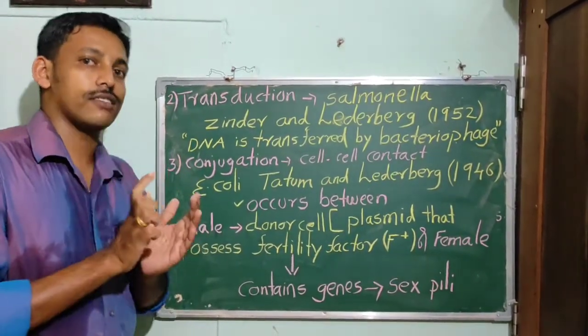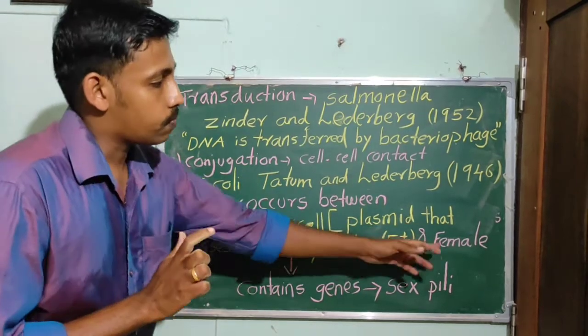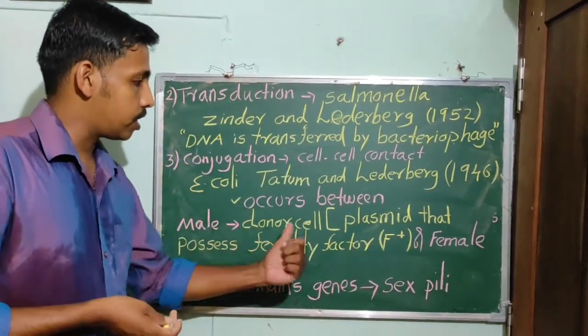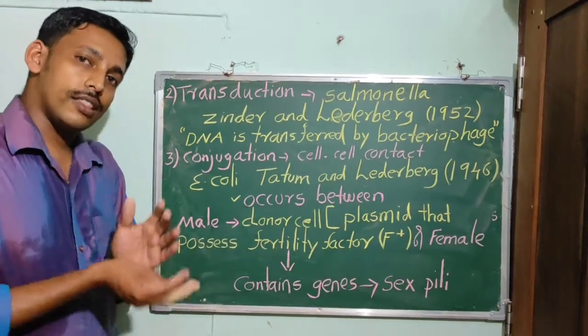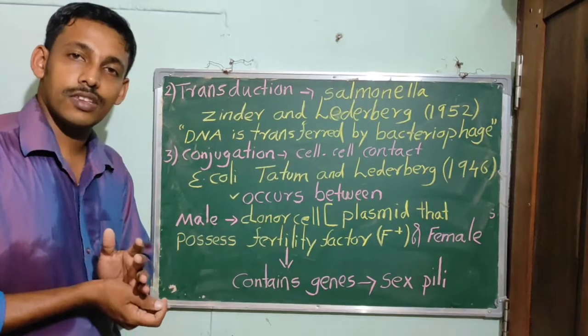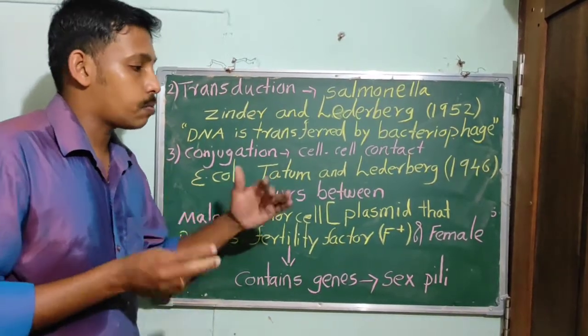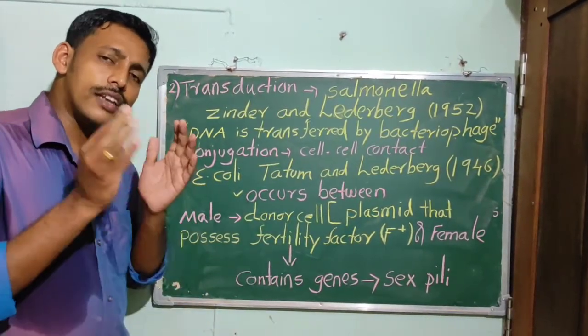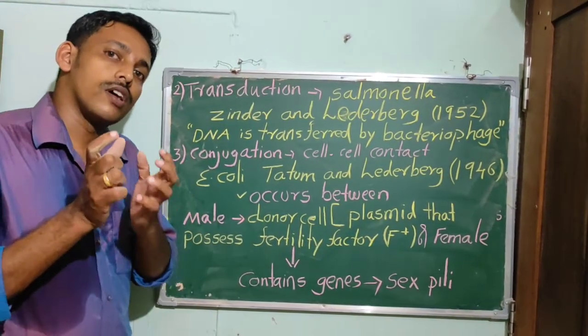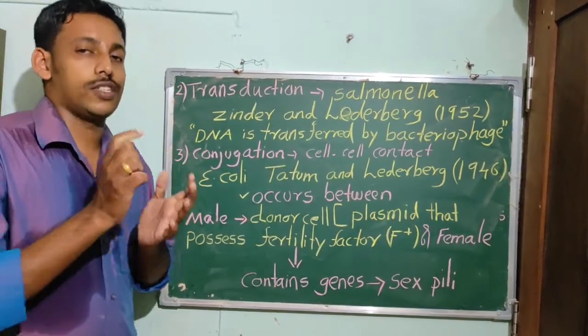Those which lack this are females; they do not have the fertility factor. This fertility factor contains the genes that produce the sex pilus and some other characters responsible for the transfer of the genes.